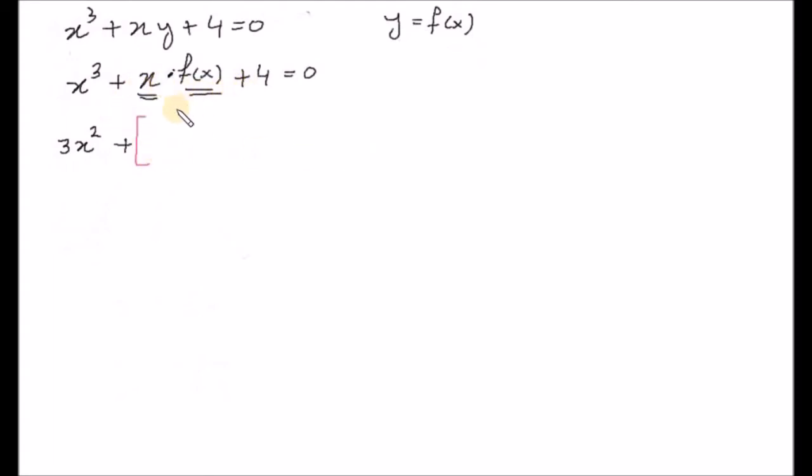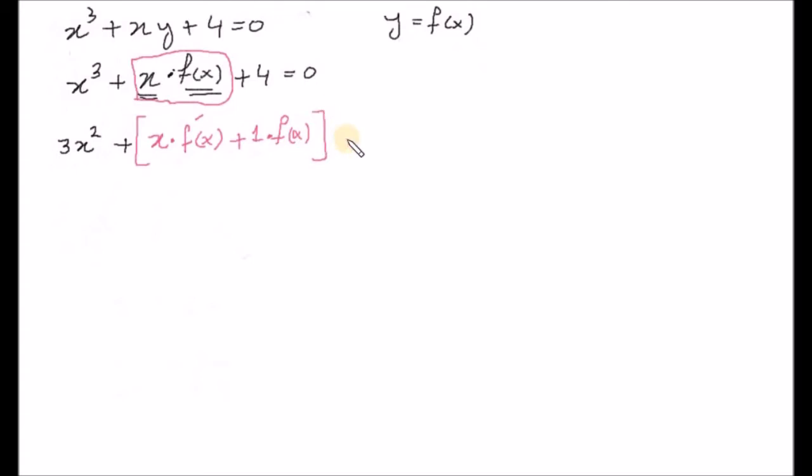I will have the first function times the derivative of the second function, f prime of x, plus the derivative of the first function, which is x in this case, 1, times the second function intact. So that is the derivative of this part of the equation.